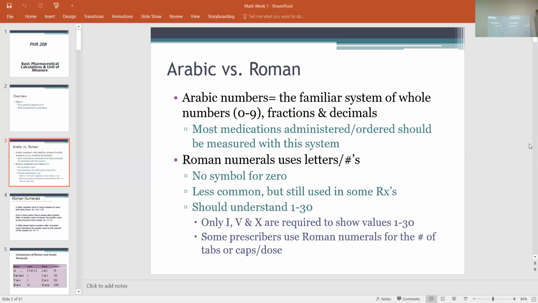Why do we care? Well, because sometimes prescriptions will be written using Roman numerals. For instance, you may see a prescription that says Vicodin, 10 milligram, Q4H and pain.